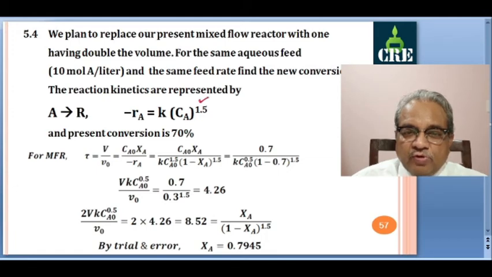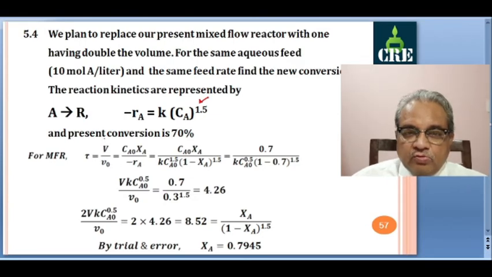The order is 1.5 and the present conversion is 70%. So for this mixed flow reactor in which 70% conversion is obtained, for the same aqueous feed, double the volume and same feed rate, what will be the new conversion?